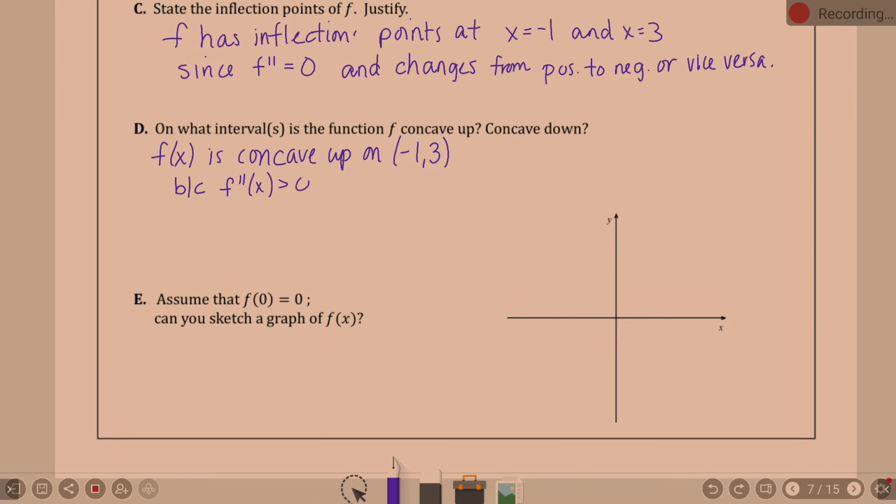So that means f of x is concave down on, what would it be? -infinity to -1 and 3 to infinity, and that is because the second derivative is less than 0.